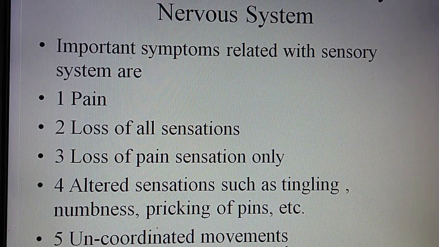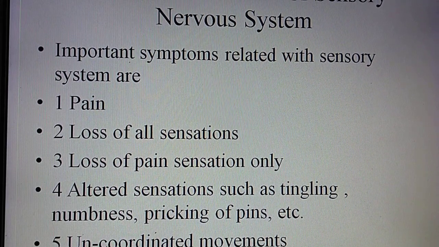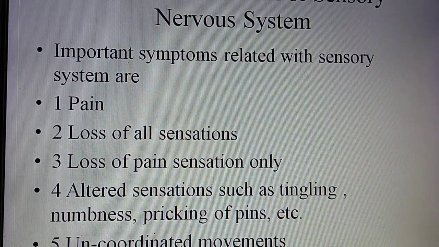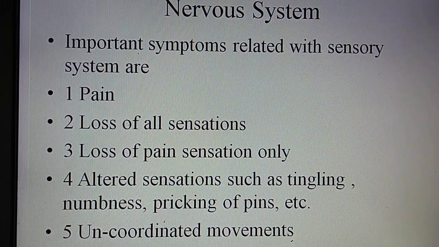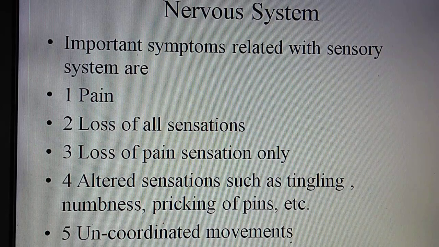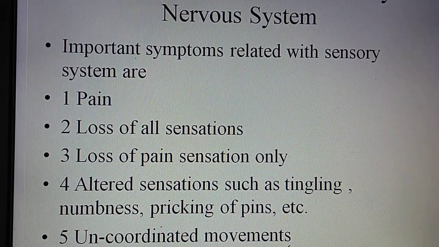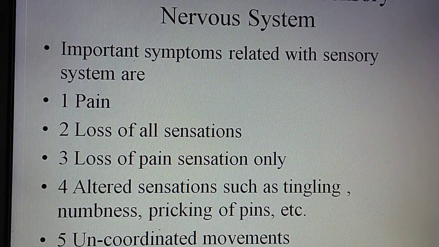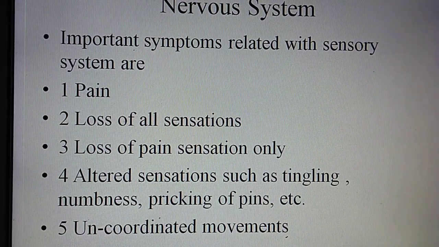Whenever a patient comes to you and tells you these types of symptoms, you go for the detailed examination of the nervous system, and specifically you should check the sensory nervous system in the patient.